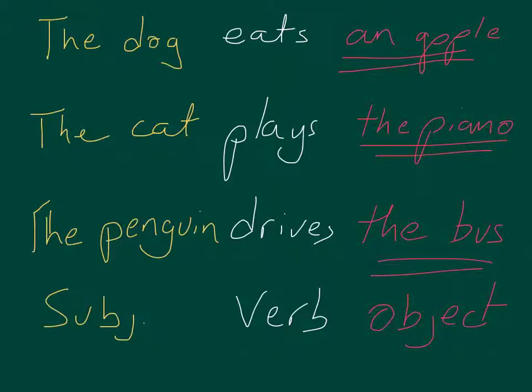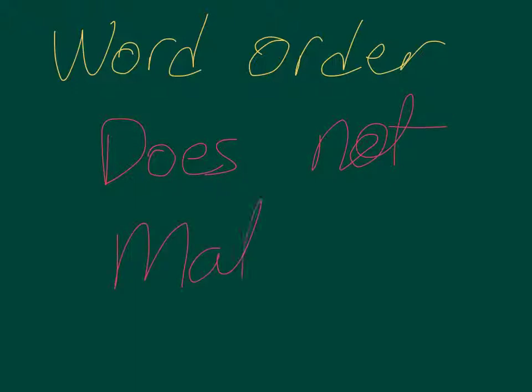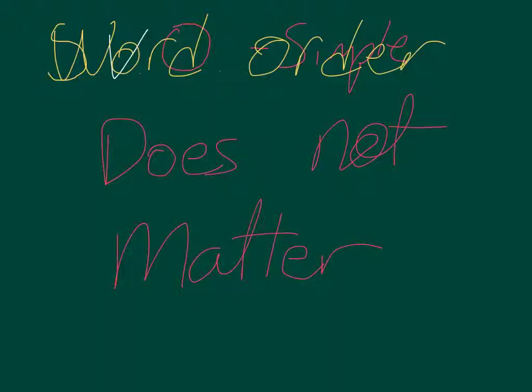Subject, verb, object. Now, in Latin, that predictable word order does not matter. So I'm just going to write this here. Word order does not matter. So we had that nice predictable word order in English.